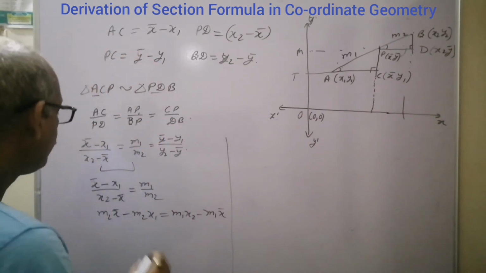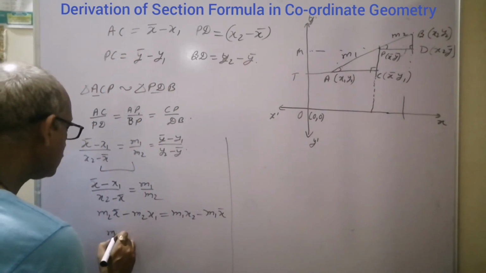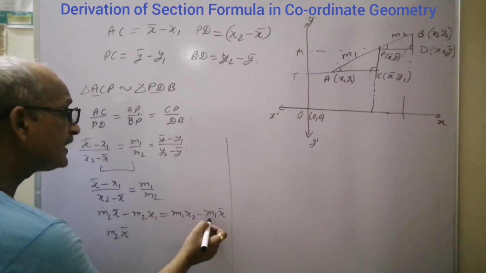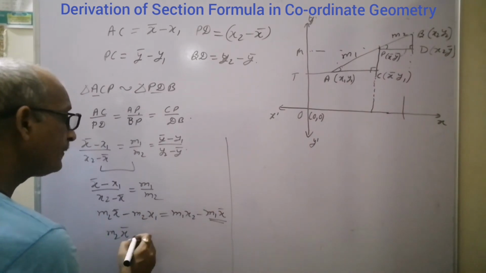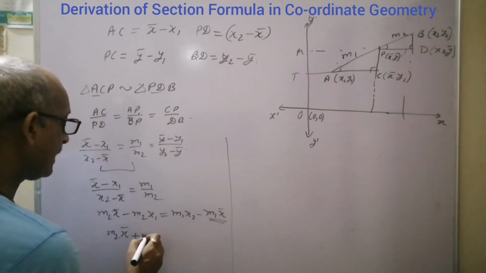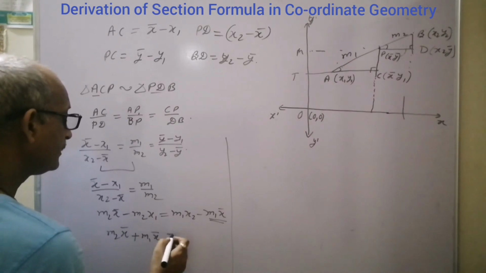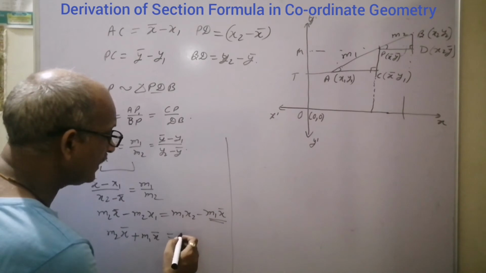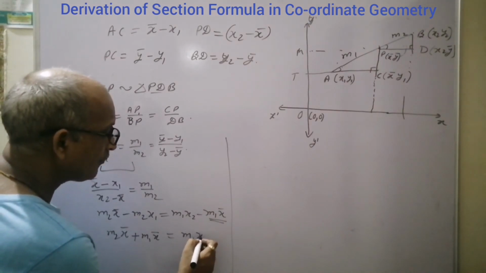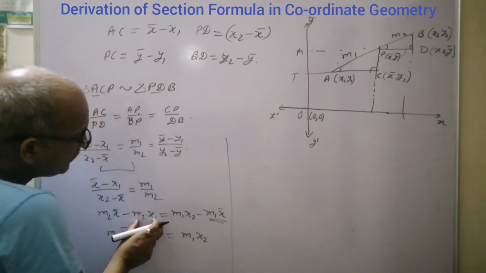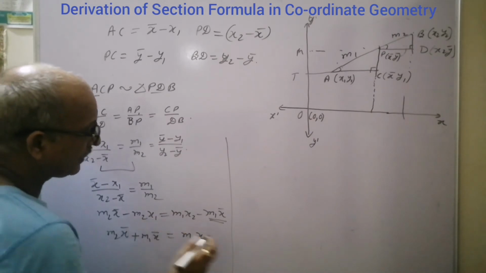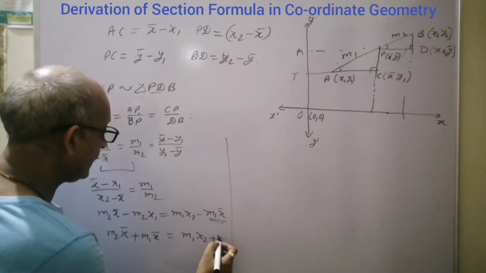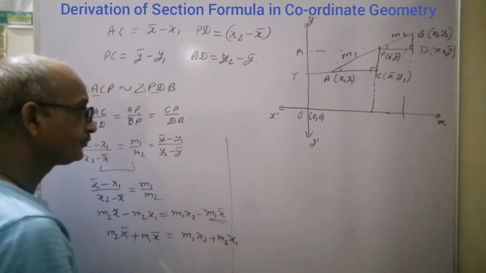So we'll take here m2 x bar. This minus will shift from right to left to become plus m1 x bar, that is equal to m1 x2, which stays on the right side only, and this m2 x1 will be shifted to the right-hand side to become positive. So m2 x1.